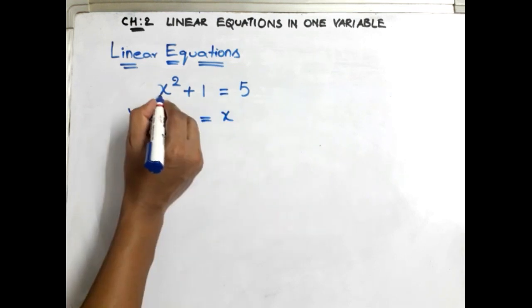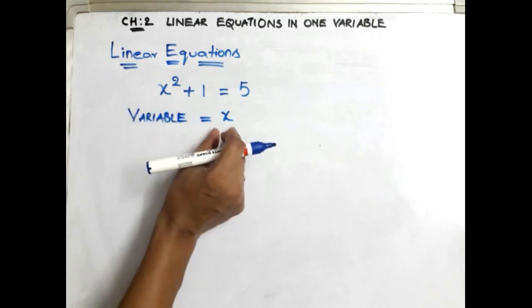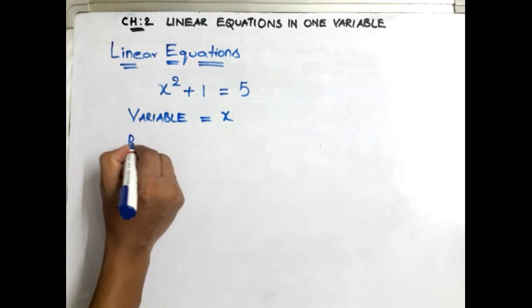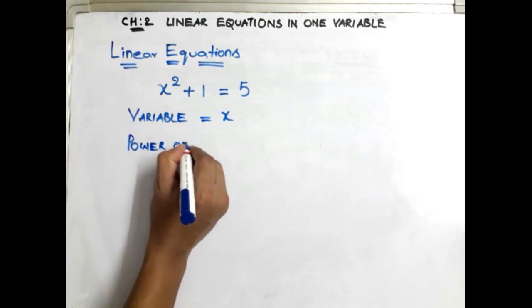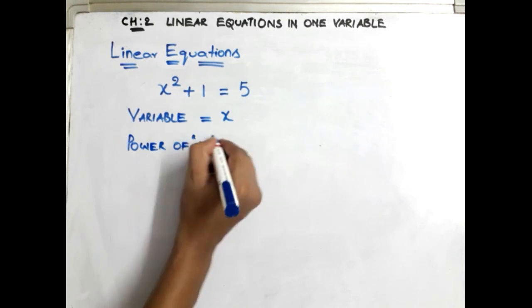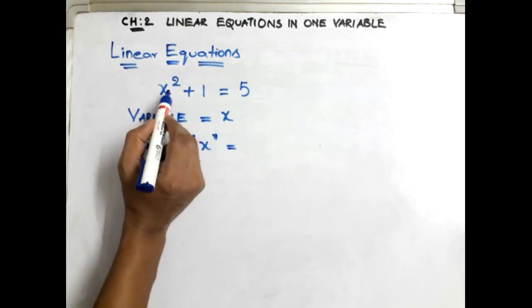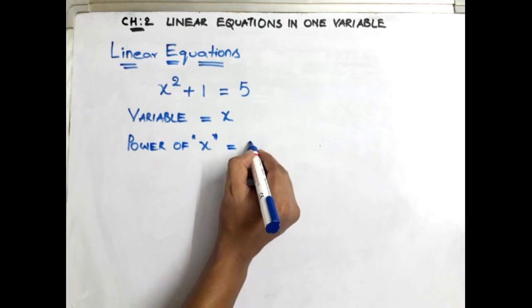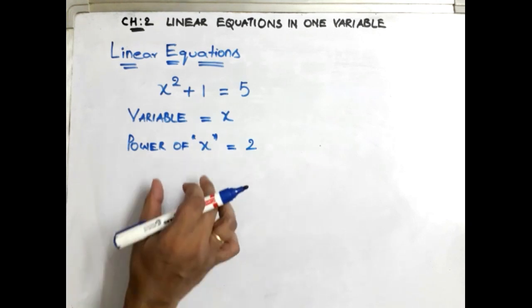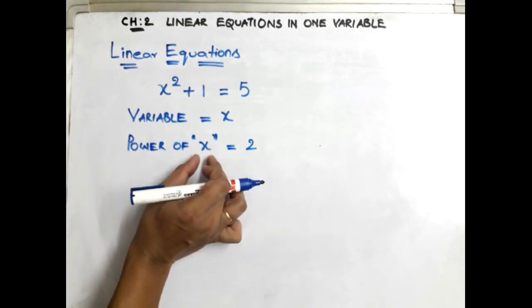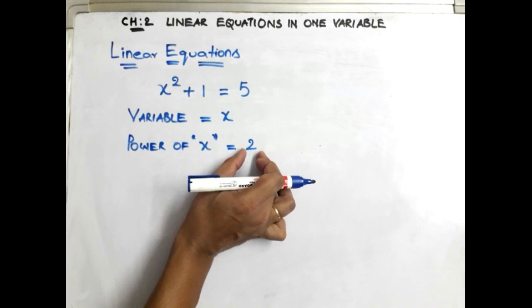The unknown value is x, hence the variable is x. Now you tell me, what is the power of that variable? The power of x is equal to 2, because x is under square. We have one variable, whereas the power is equal to 2.